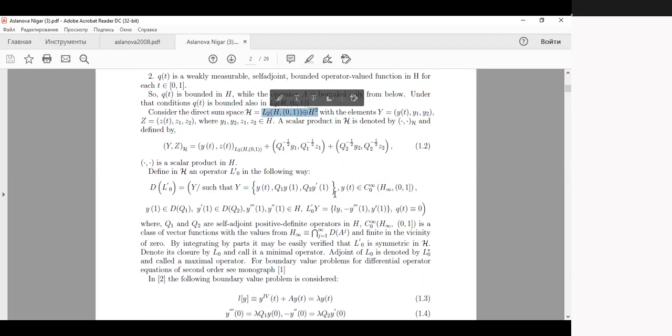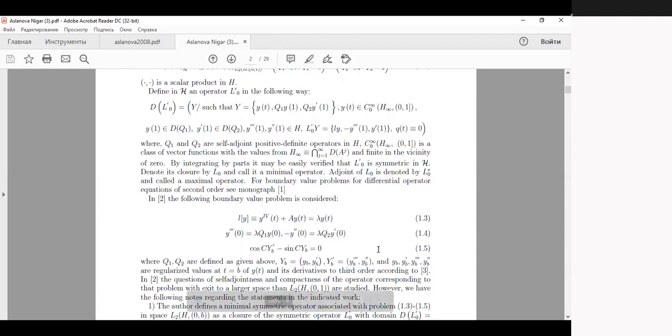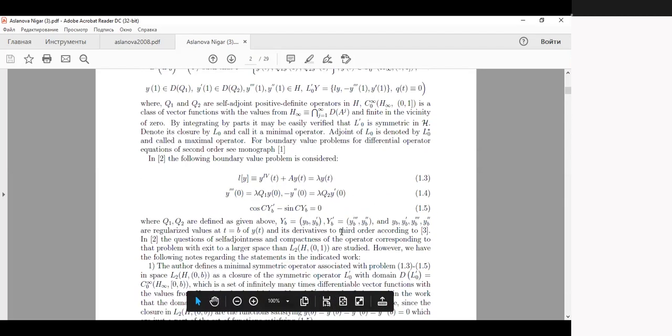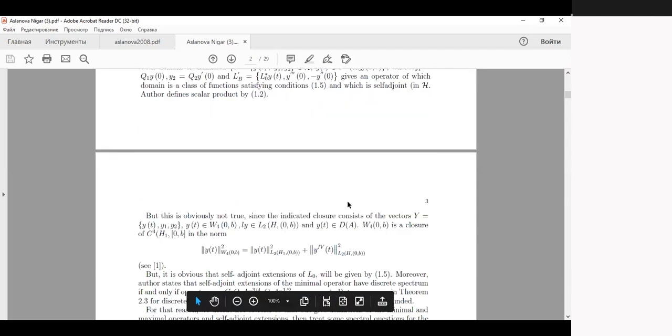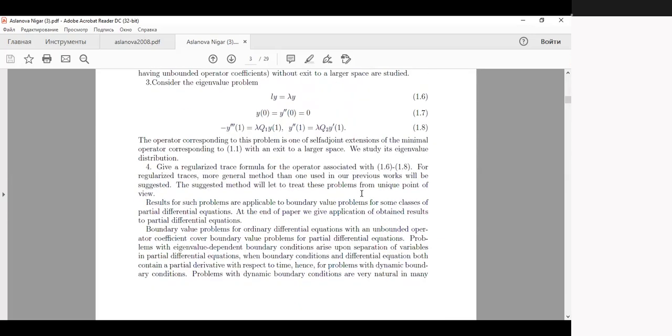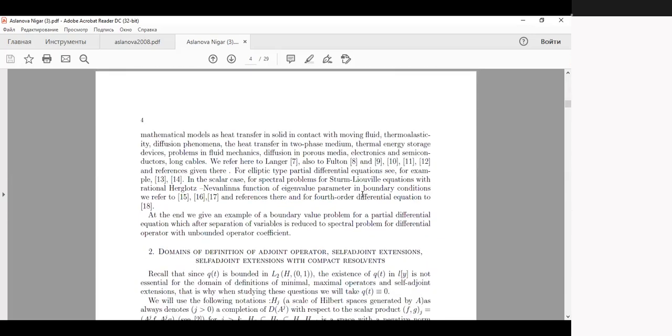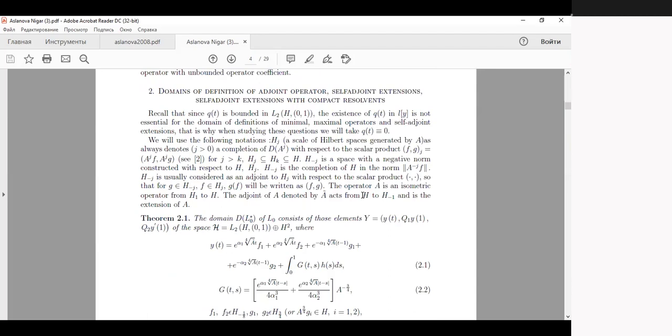Why? Because their boundary condition doesn't involve the lambda parameter. That's why we have to write down all these questions in detail.